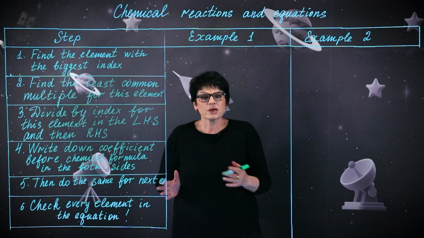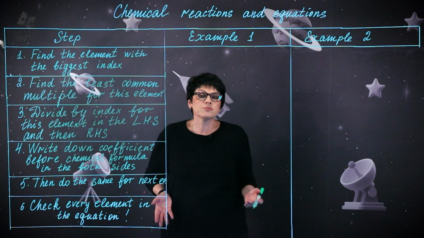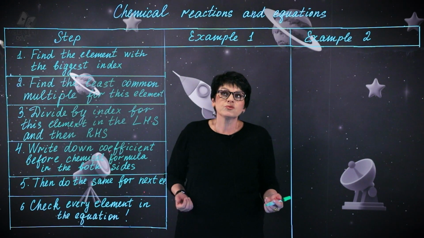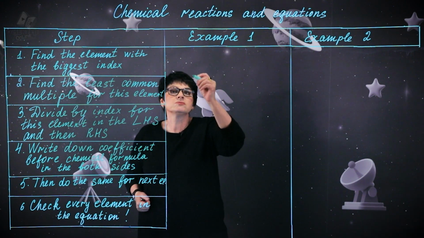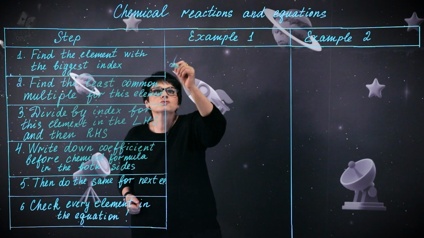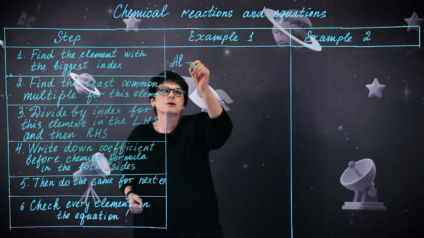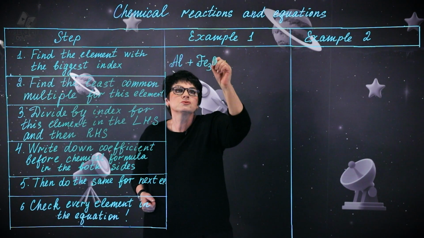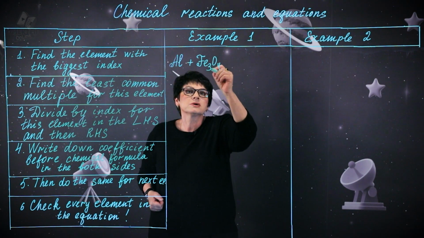In the previous lesson, we reviewed combination and decomposition reactions. Let's explore how this method can balance various chemical reactions. Let's assume there is a reaction of the following nature. Aluminum reacts with Fe3O4, which is commonly referred to as iron scale.